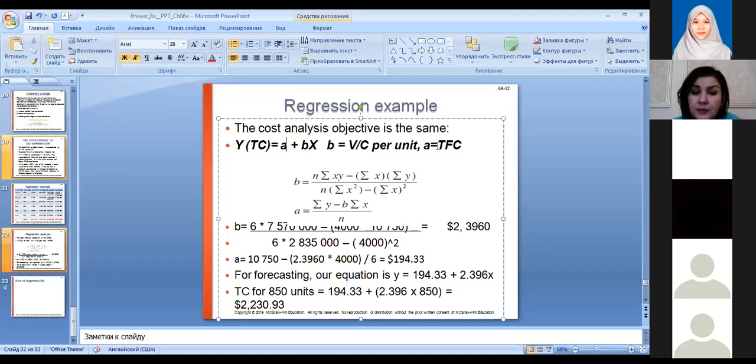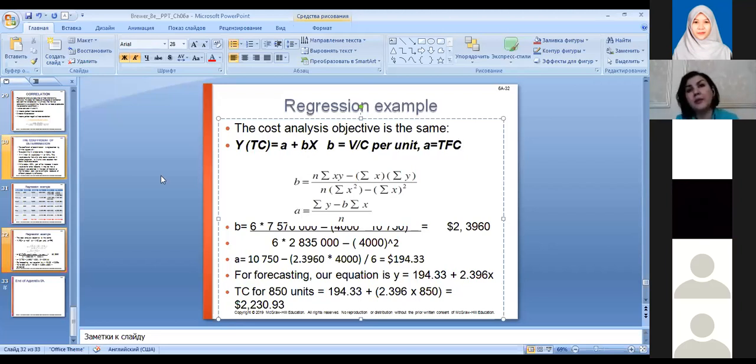Fixed cost, this is A. Usually fixed costs remain fixed within a relevant range. Do you remember what a relevant range is? Do you remember stepped cost? Step cost, as I showed you.